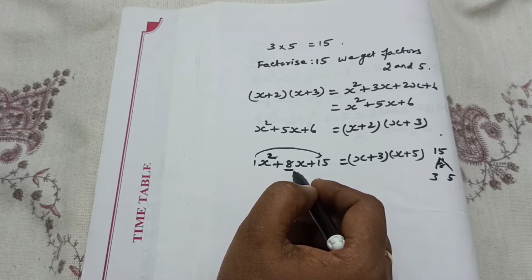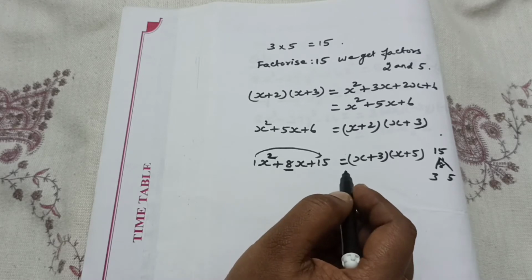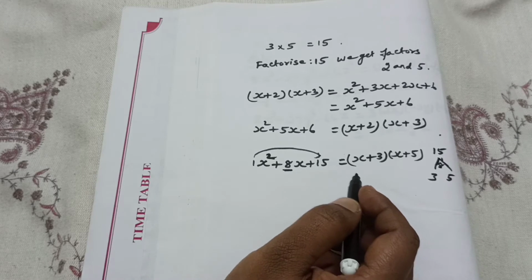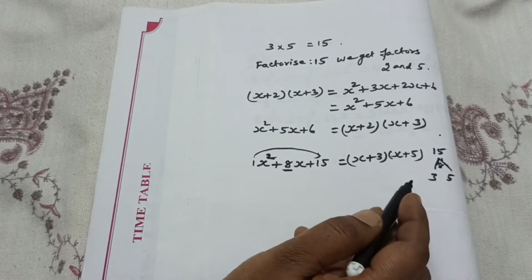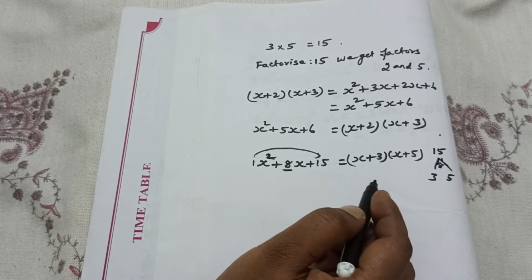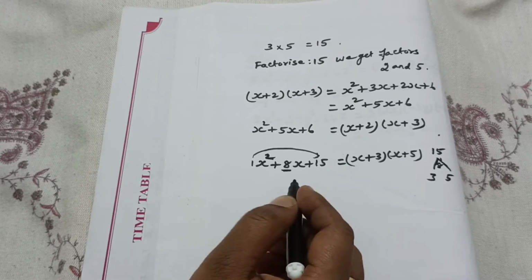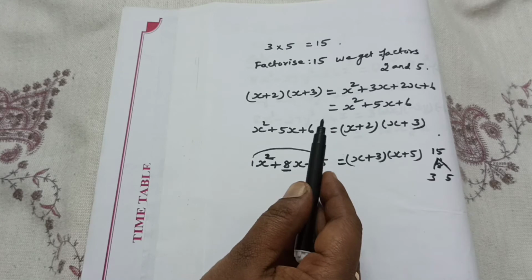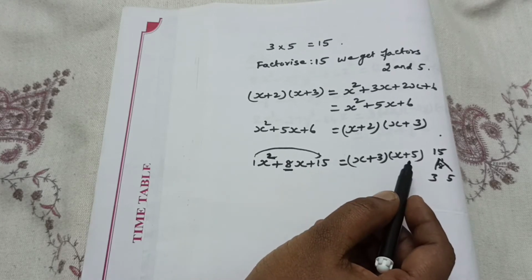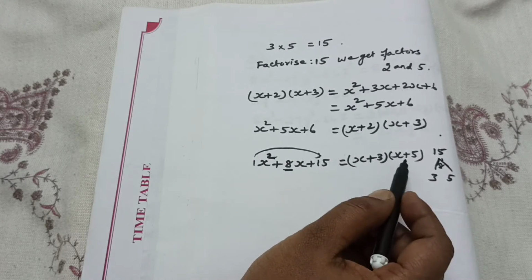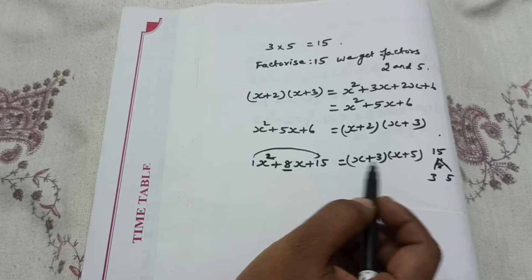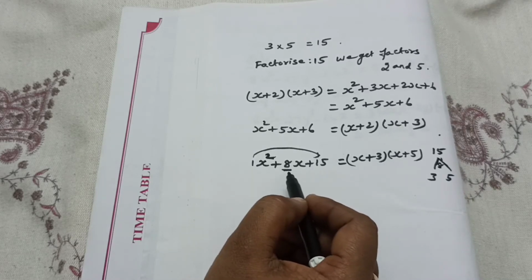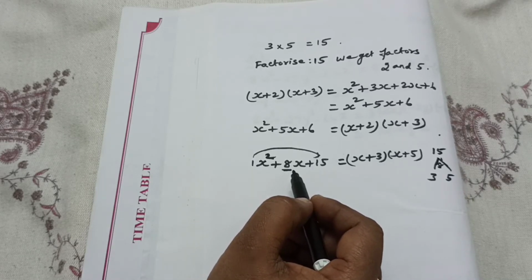Any doubt? Then shall we do the problem? These two are the factors, and the product of these two factors gives the higher degree polynomial.